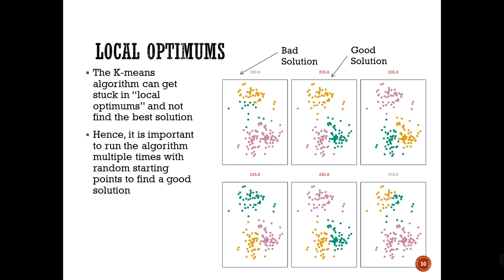This is because the objective function, the total within-cluster variation of k-means clustering, is non-convex. In other words, it can go up and down and have more than one minimum, and the k-means algorithm will land you in a value, but not necessarily the lowest value, because the function is not convex.